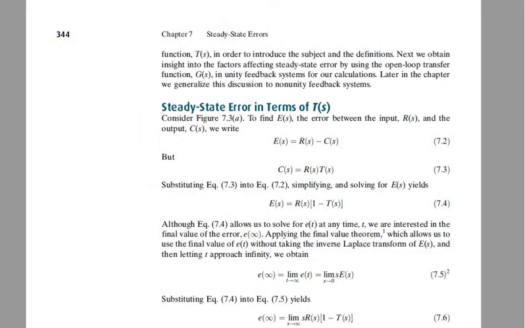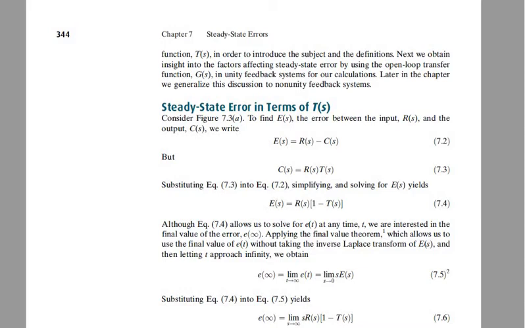So how will we calculate and define this? Let's consider we have a steady state error in terms of the closed loop transfer function, T of S. Error is actually between the input and output.